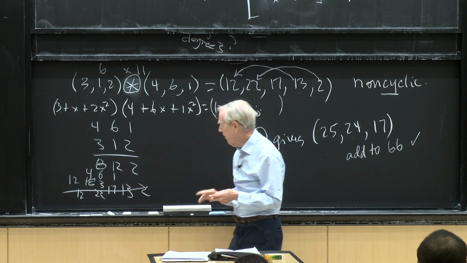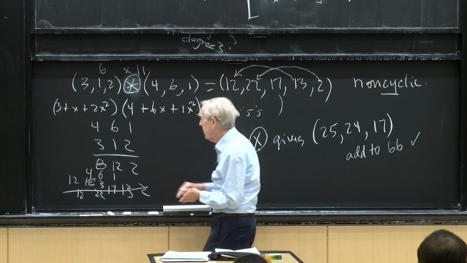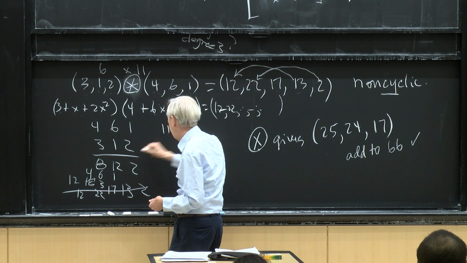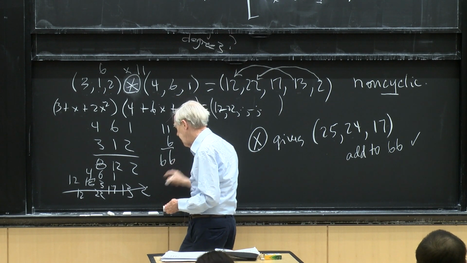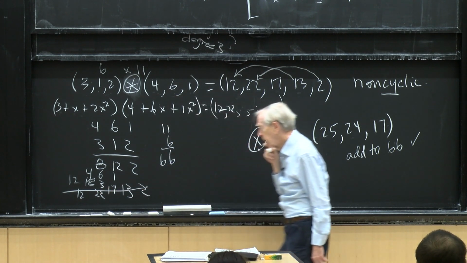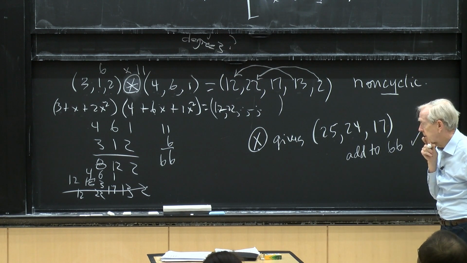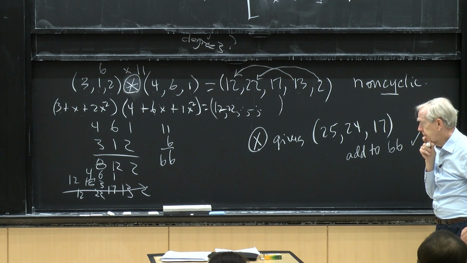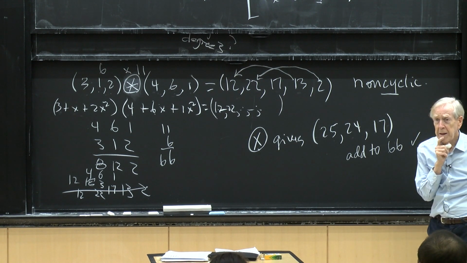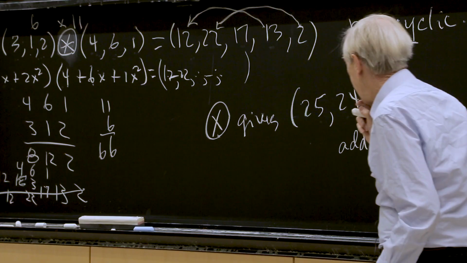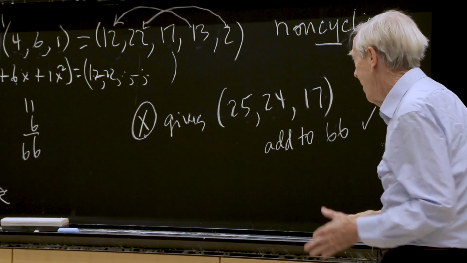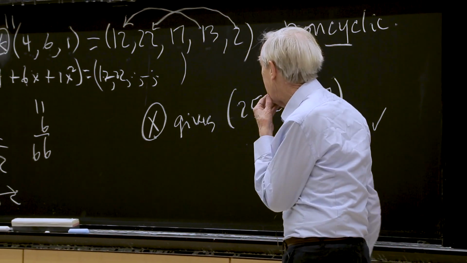But if they knew a check, they could have just added these numbers to get 11, added these numbers to get 6, multiplied those to get 66, and checked that those added to 66. That never occurred to me, I admit, in 2nd grade either. But it's a good thing. Now you know. Now you can pass 2nd grade.